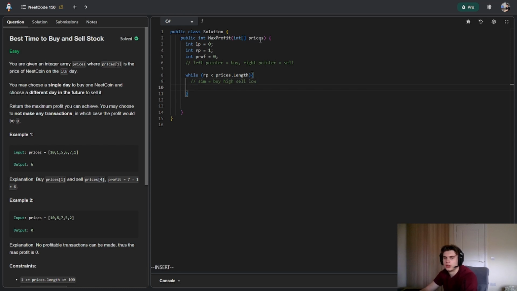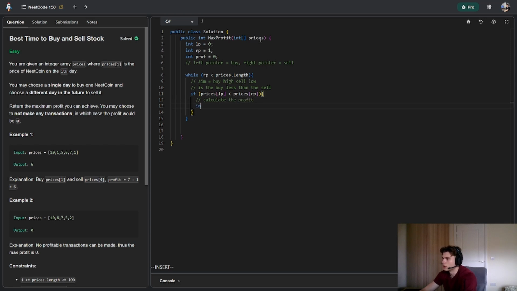What's the first comparison we want to make? The first comparison we want to make is: is the buy less than the sell? So if prices at the buy pointer is less than the prices at the right pointer, what steps do we take? We calculate the profit.